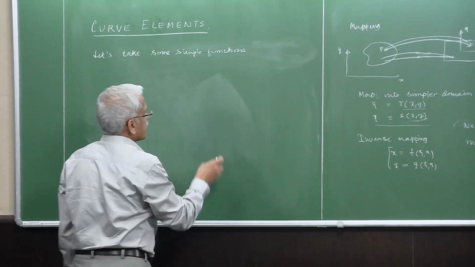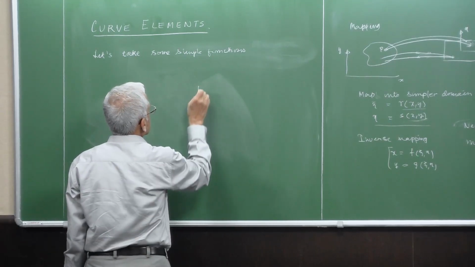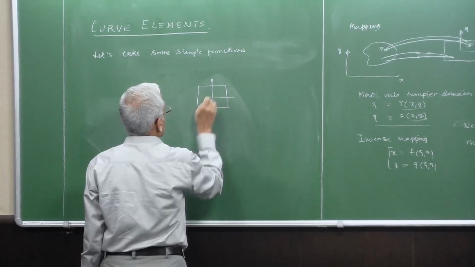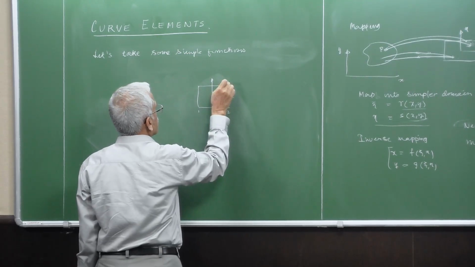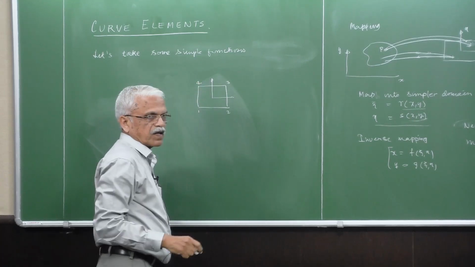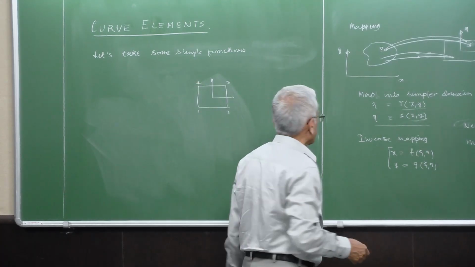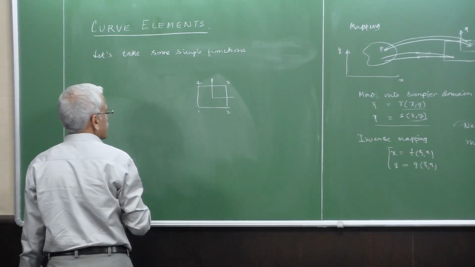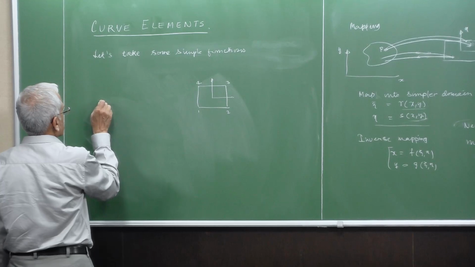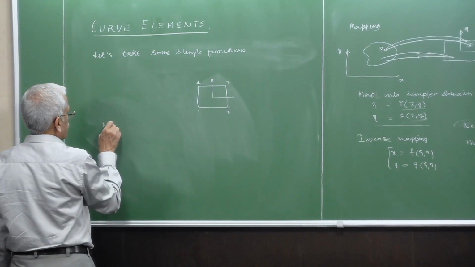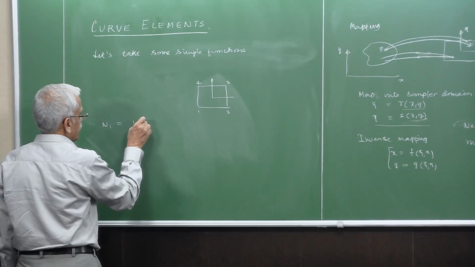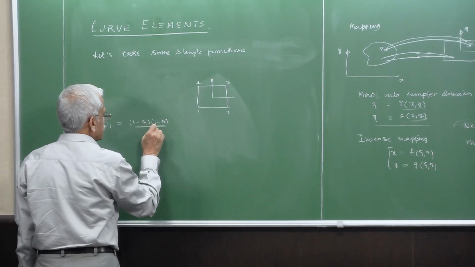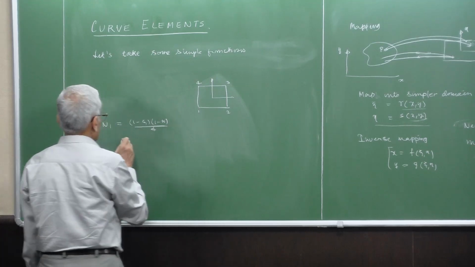So let us take some simple functions which we are aware of, the shape functions, and let us take again very simple shape functions, the linear shape functions here. So we have n1, for example, we have bilinear shape functions like this.